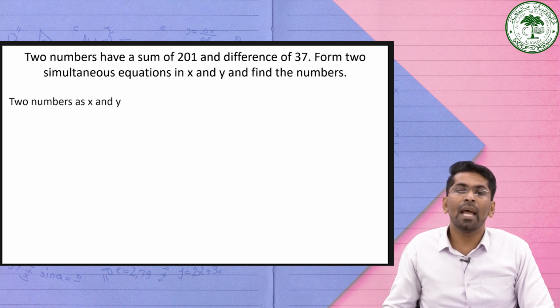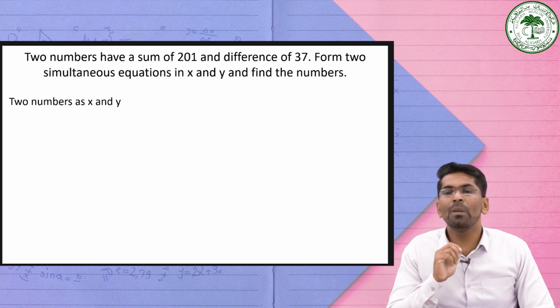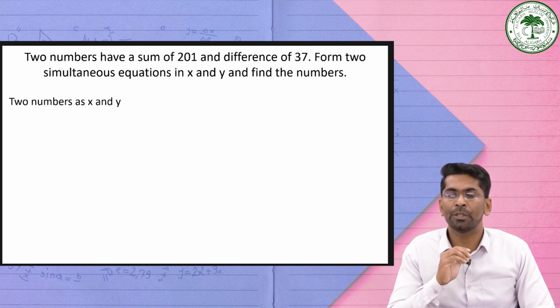Let us denote the two numbers as x and y. The problem states that the sum of the two numbers is 201 and the difference is 37, and we can set up two equations based upon this information.